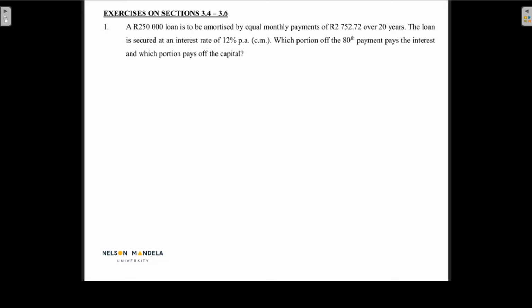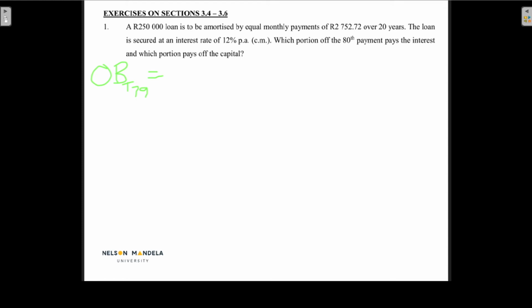You will remember in the start of chapter 3, we had the retrospective and the prospective method to find your outstanding balance. I'm going to work with the retrospective method to get my outstanding balance at time T79.